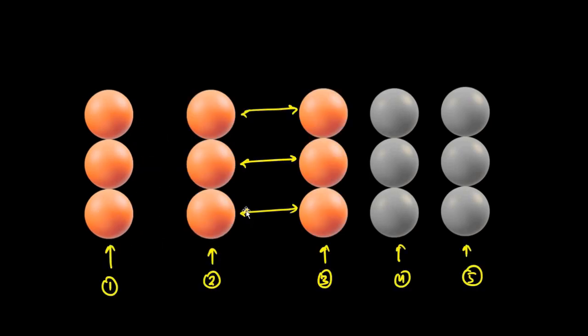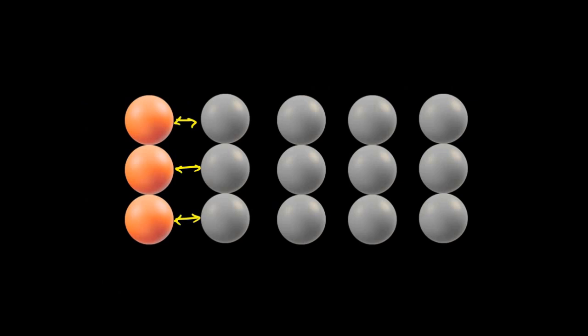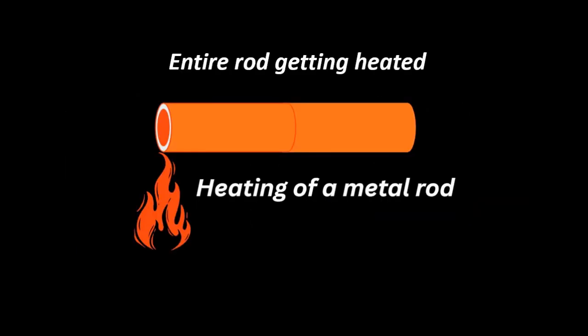So when the vibrations occur, they collide with the neighboring molecules, and because of these collisions, they transfer a certain portion of their kinetic energy to the adjacent layer, and this happens till the entire rod gets heated. Now suppose the heat source is removed, and the rod is fully heated.